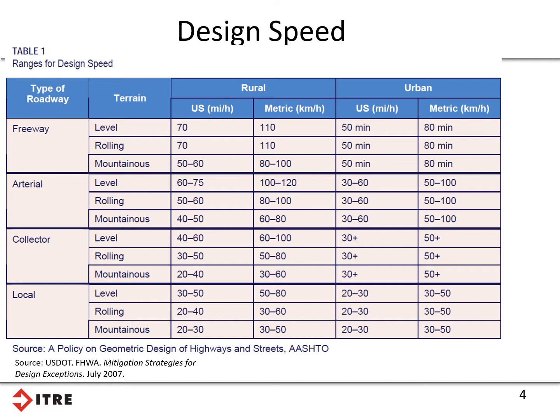The designated design speed can and does differ from the inferred design speed and operating speed. The designated design speed is based on a lot of elements and values that go into the actual design of the roadway: lane widths, curve radii, vertical rate of curvature, and other things.